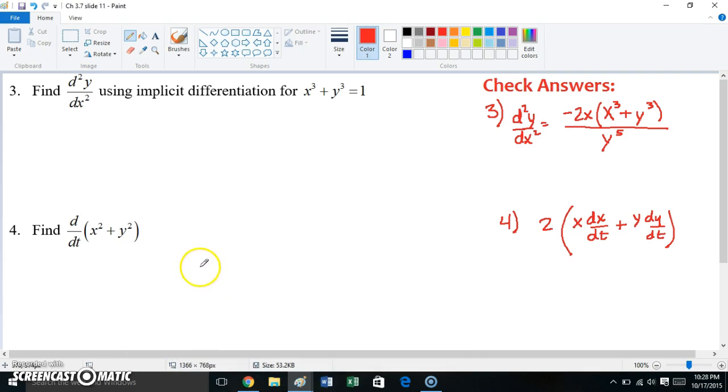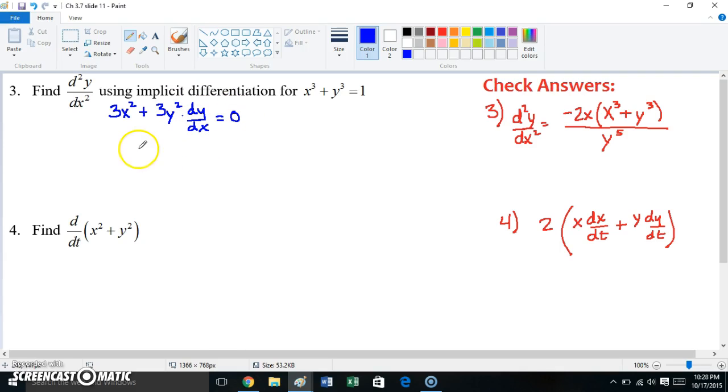Okay, let's see if we can get one more example in here, maybe 2. All right, example number 3, it says find the second derivative. So first we must find the first derivative. Derivative of x cubed is 3x squared. The derivative of y cubed is 3y squared times dy dx.